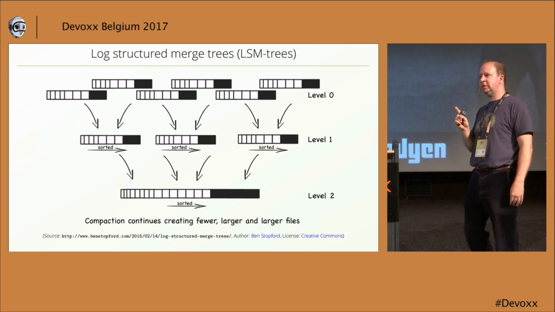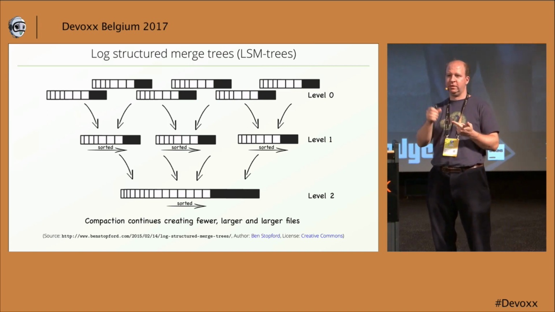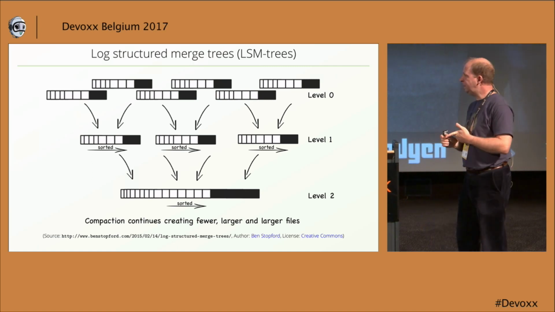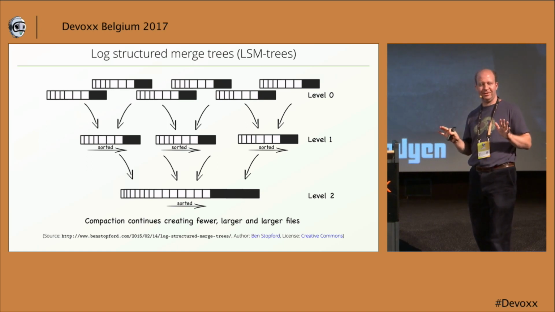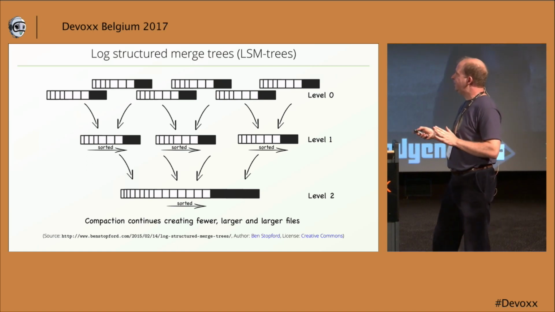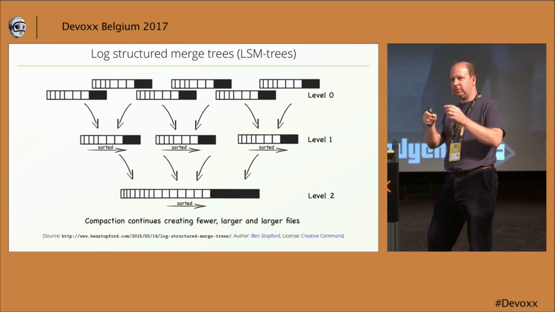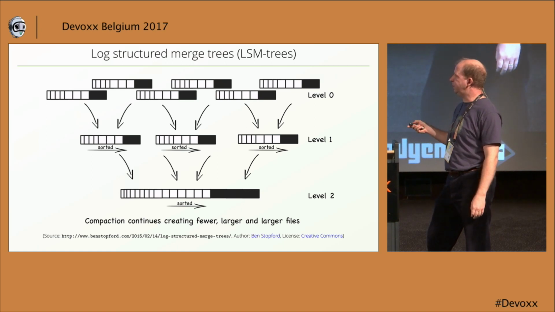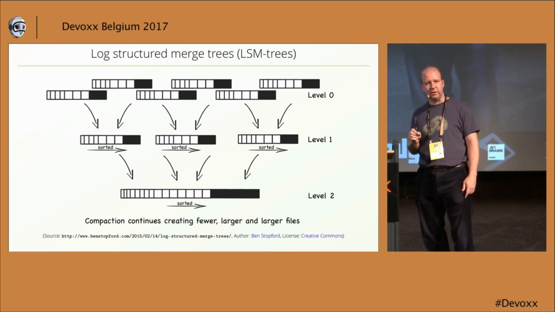Now, why does this give you a good compromise for bulk writes and hot set reads? Well, I haven't told you the whole story. So here's the rest of the story. Together with such a sorted file on disk, which is immutable because we only write completely new files whenever we do some compaction, you store a so-called Bloom filter.